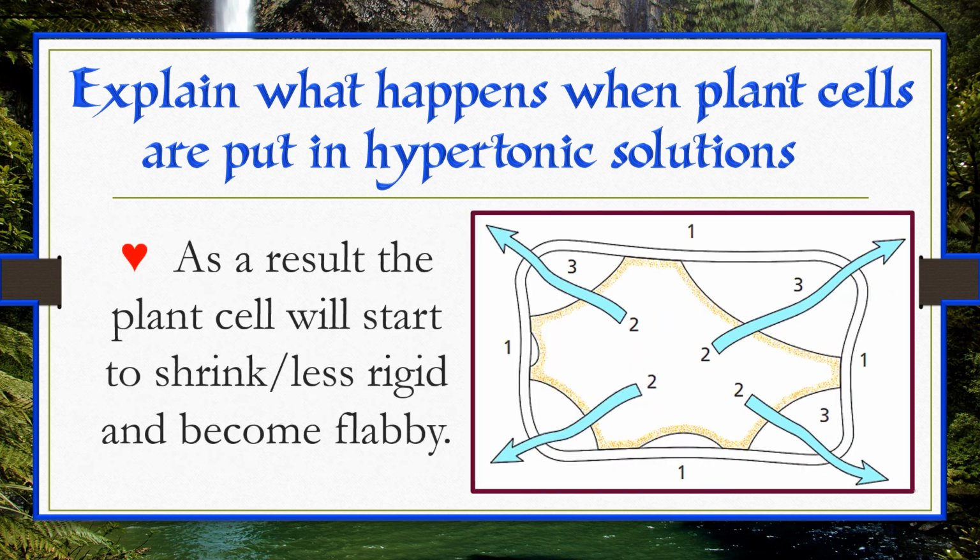As a result, the plant cell will start to shrink, becoming less rigid, and will become flabby. The plant cell starts to shrink, going inside, as you are seeing in number 3, and it becomes less rigid and flabby.